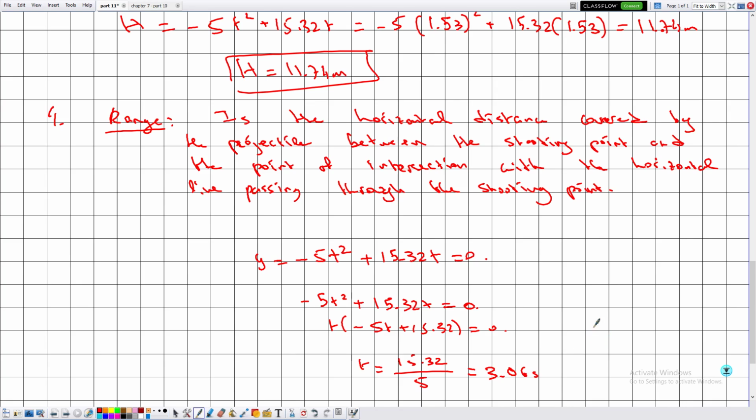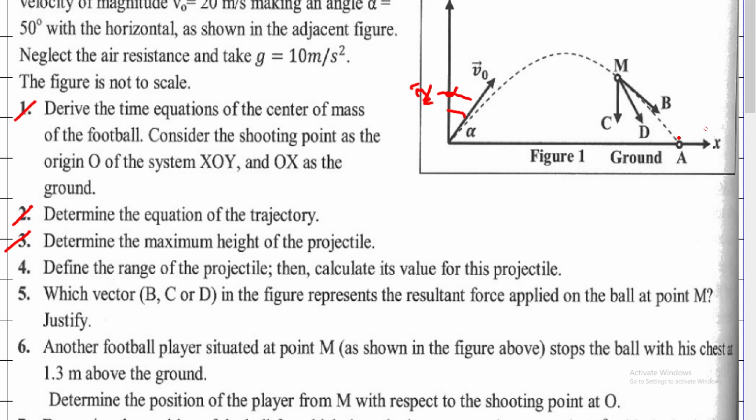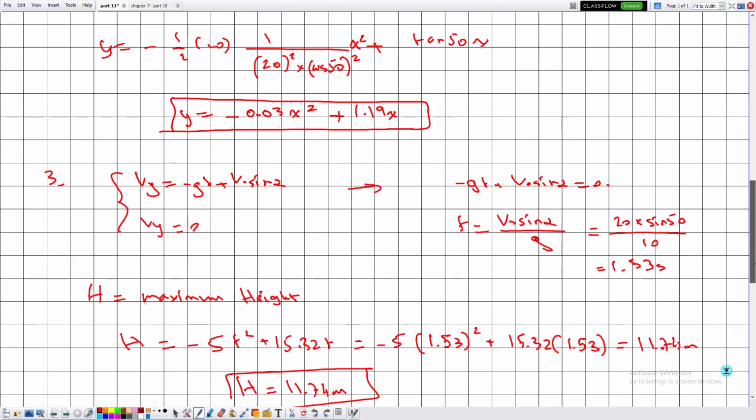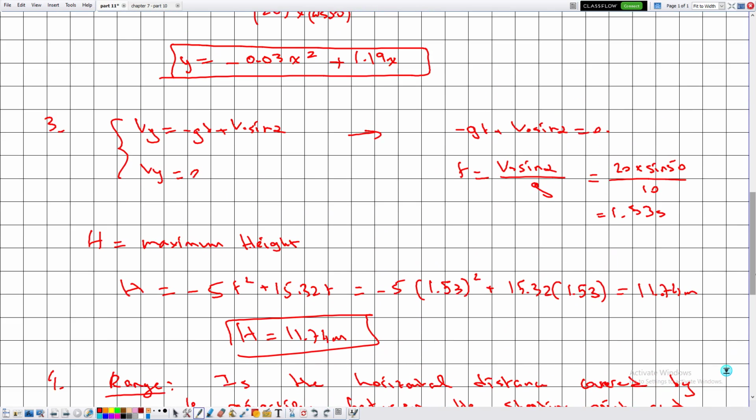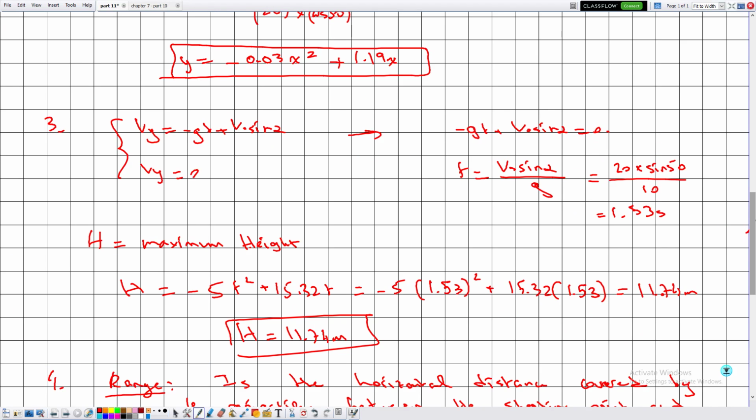Then the value of t in this case is given by 3.06 seconds. So this instant corresponds to the instant where the projectile hits the point A. And notice that we have calculated the instant at which the projectile reaches maximum height, which is given by 1.53 seconds.